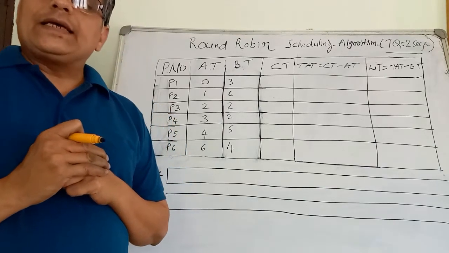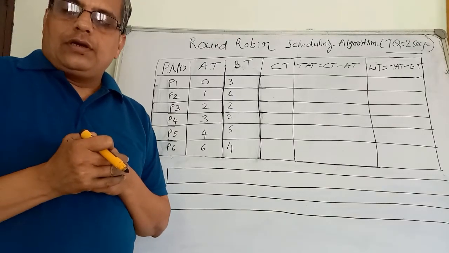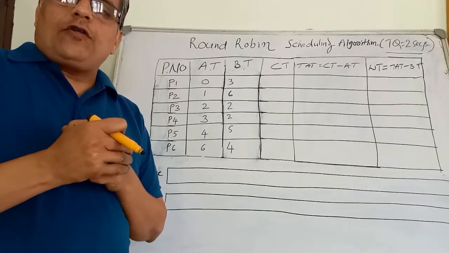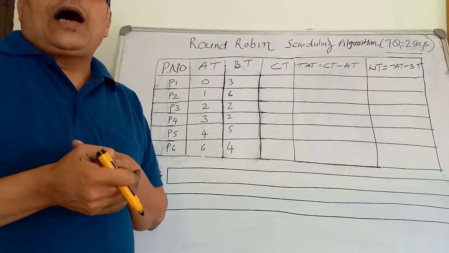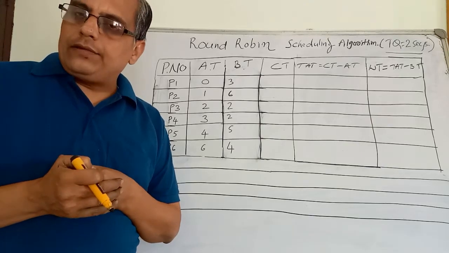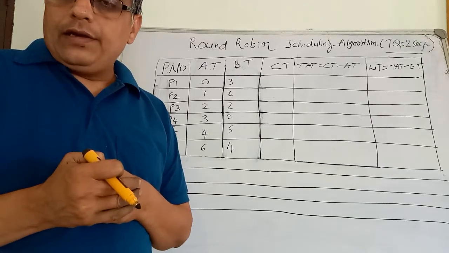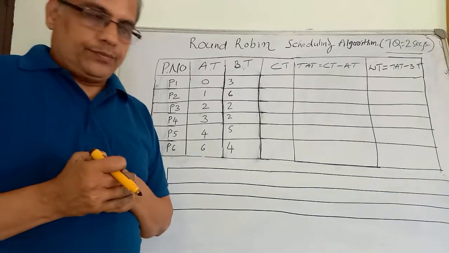When a process is being executed by the processor, it can be taken out for the sake of another process which may have higher priority. The CPU is going to decide according to the round robin scheduling algorithm.